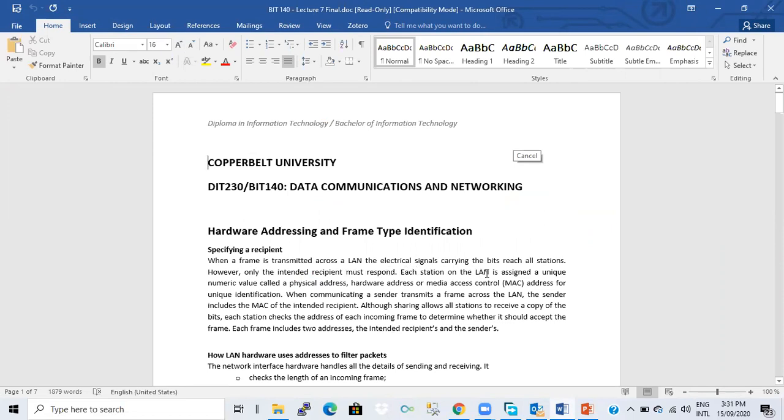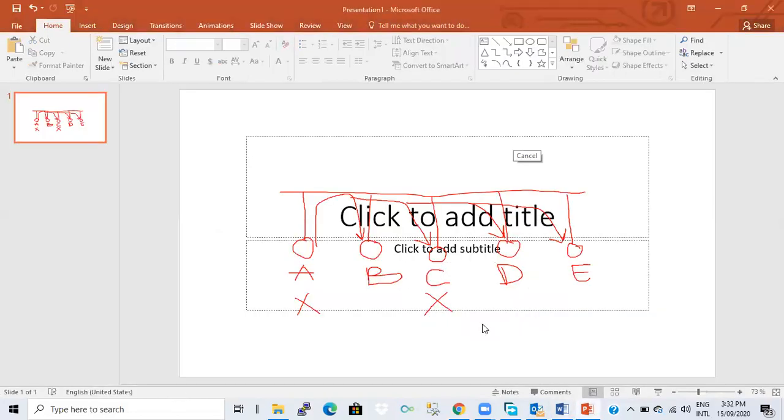Each station on the LAN is assigned a unique numeric value, which is called a physical address, a hardware address, as well as a media access control address. So each station on a local area network, A, B, C, up to E, or if you have multiple, will be assigned an address.